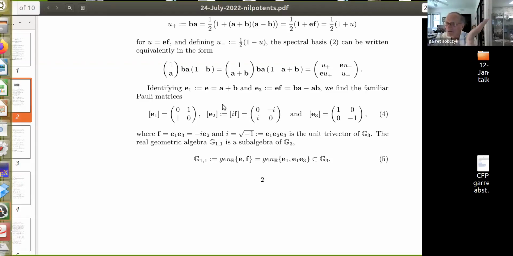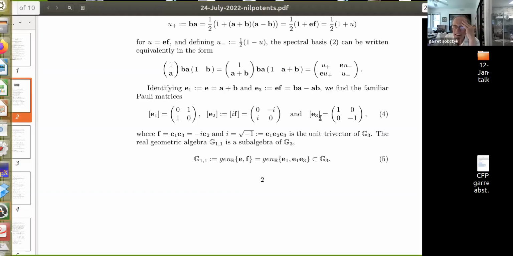You're not restricted to a bivector. For example, here I'm saying the Pauli vector sigma 2, which I'm denoting by E2, is I times F. So it changes the signature of F. F squared is equal to minus 1, but I commutes with F. So I times F is the Pauli matrix for E2 along the y-axis, if you think about it that way.